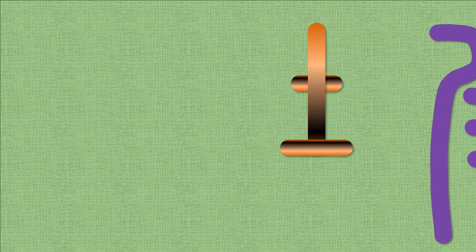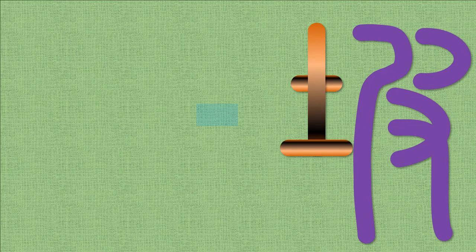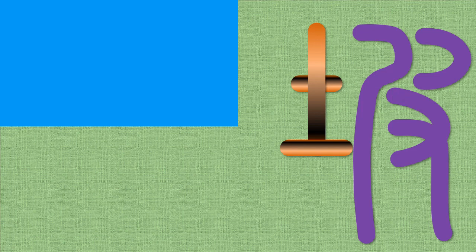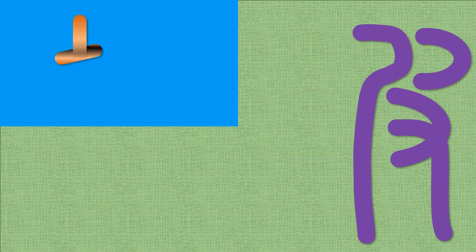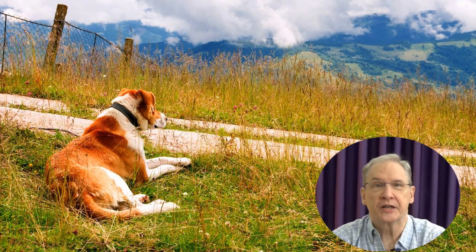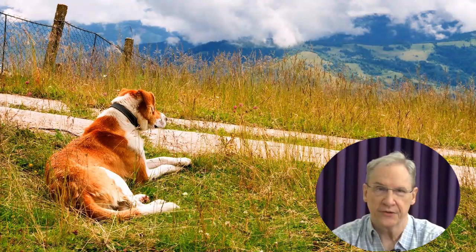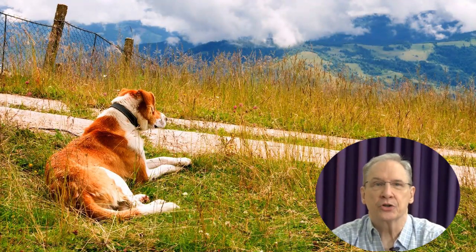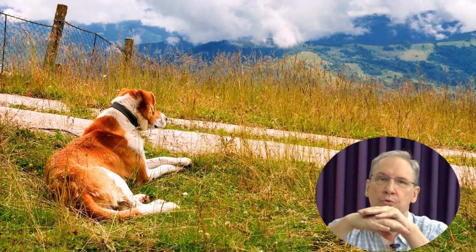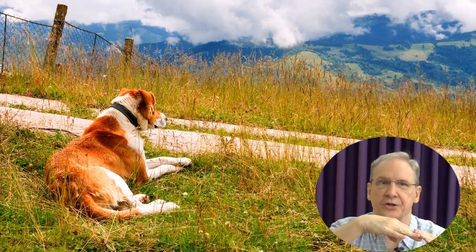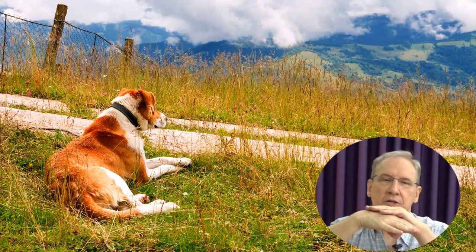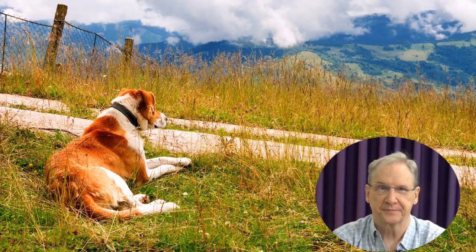Our first character adds the earth radical tu to indicate a slope or hillside. Pronounced first tone, pō, pō. My Chinese dictionary explains that 皮 was chosen as the phonetic because an animal's coat seems to flow smoothly in one downward direction, just as a hill slopes gently downward.